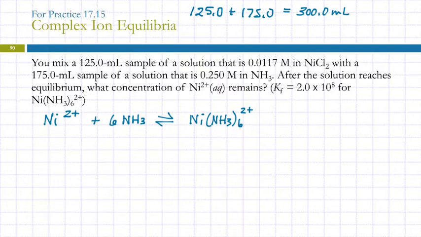So for the nickel, we had 125 milliliters, and it was 0.0117 molar. So that would give us moles of nickel, and then it's being diluted, right? So divide by 300 milliliters.